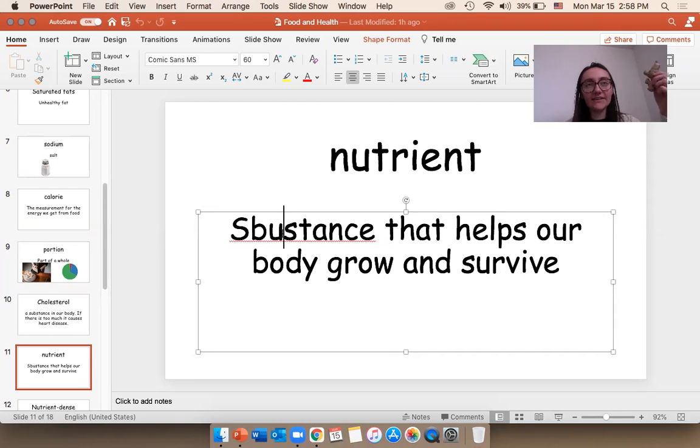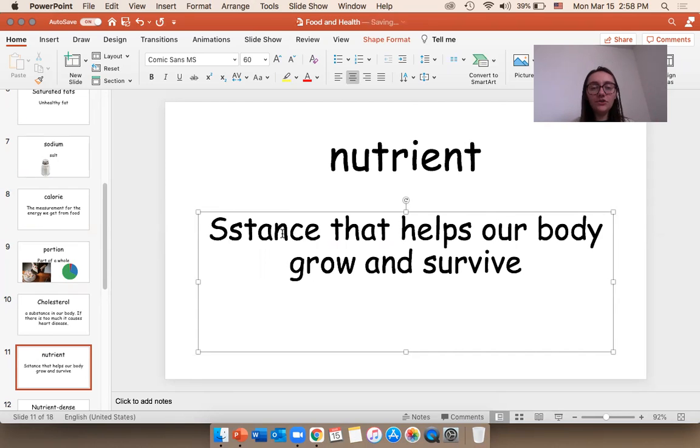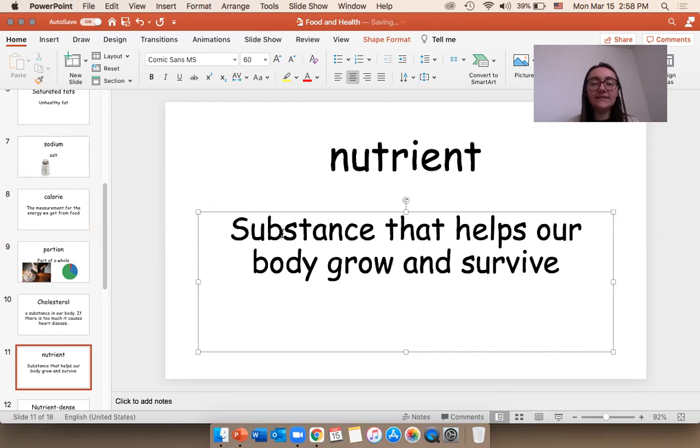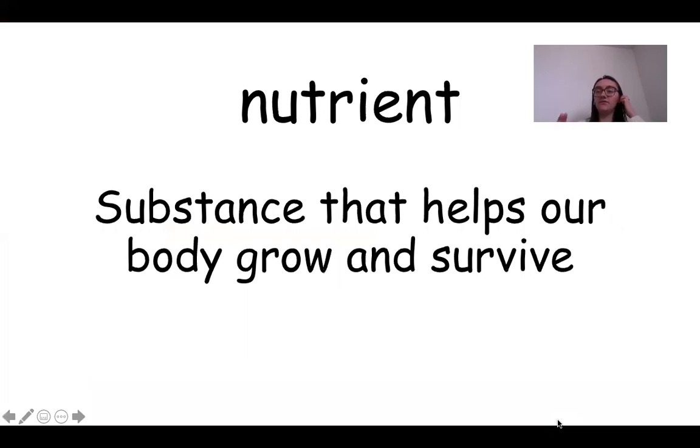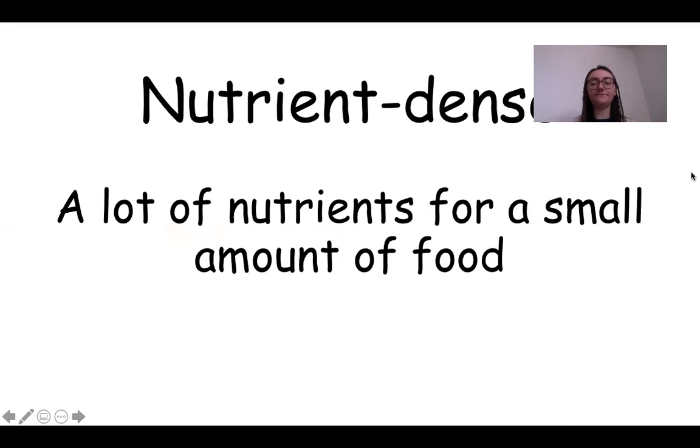This ginger has nutrients in it, right? It's inside of it. So a nutrient is a substance that helps our body grow and survive. You can think of it as something that you need to have in your body in order to keep growing and keep on living.